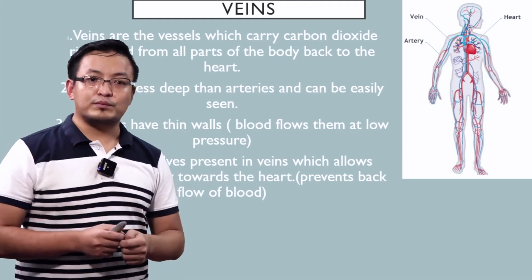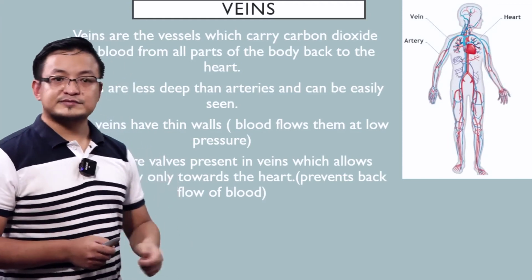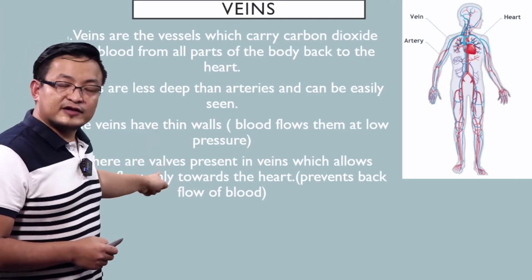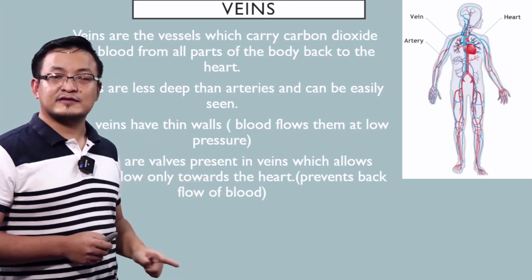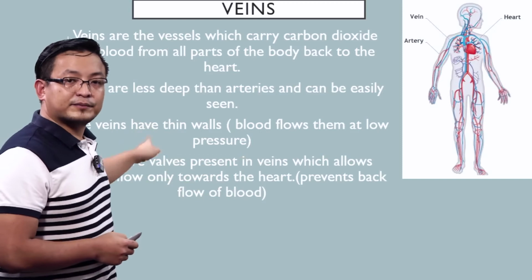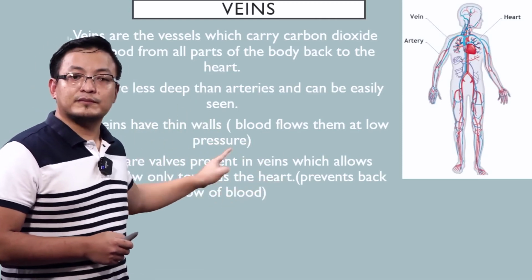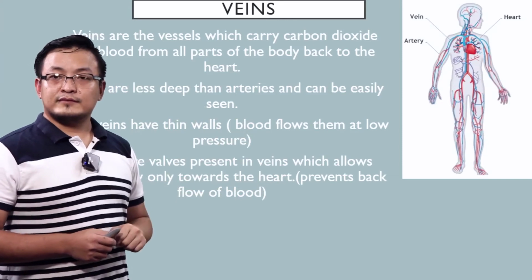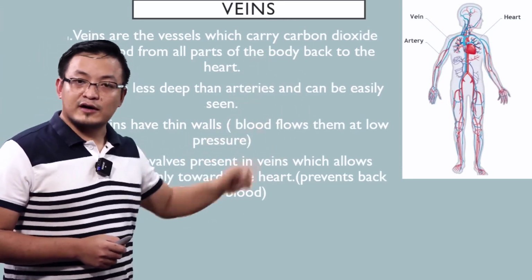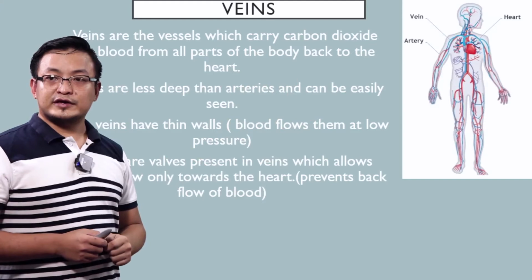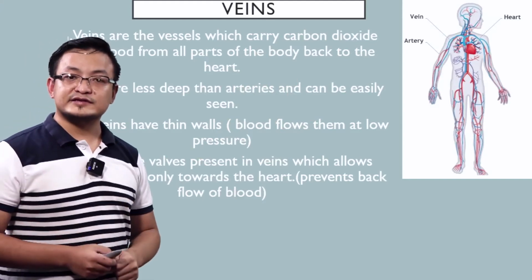Why is there no backflow of blood? It is because there are valves present in the veins. Because of the presence of valves, backflow of blood is prevented and it goes straight to the heart. And that is how it is released.